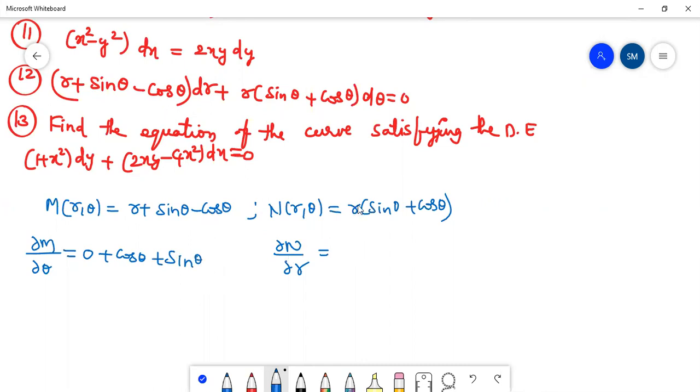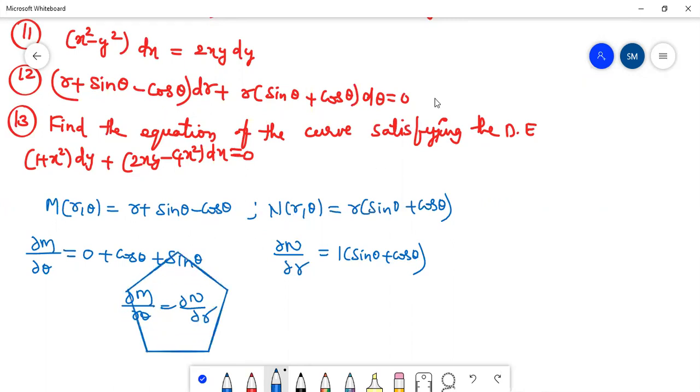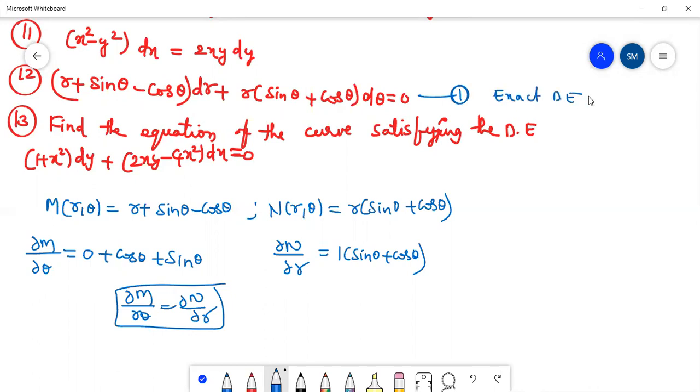With respect to r, r is 1, into sin theta plus cos theta. Both are equal, sin theta plus cos theta. So dou M by dou theta equals dou N by dou r, and this equation 1 is exact. It is an exact differential equation.